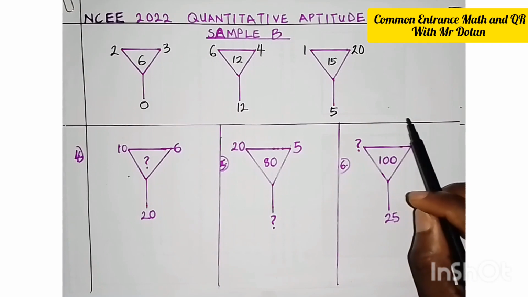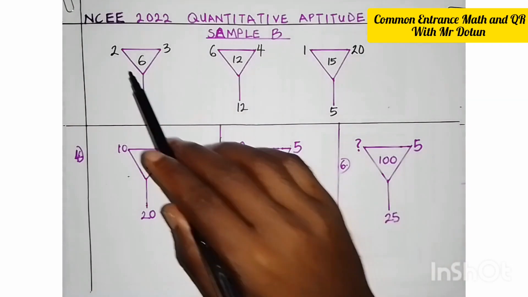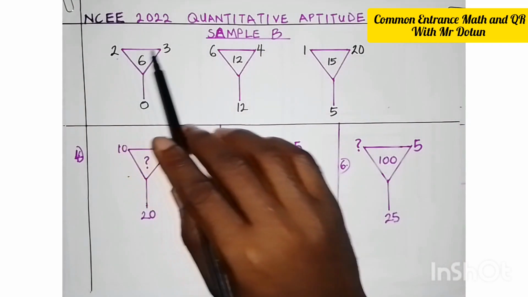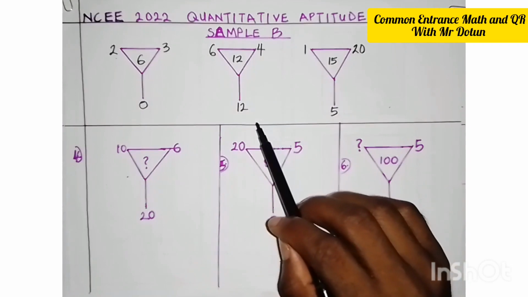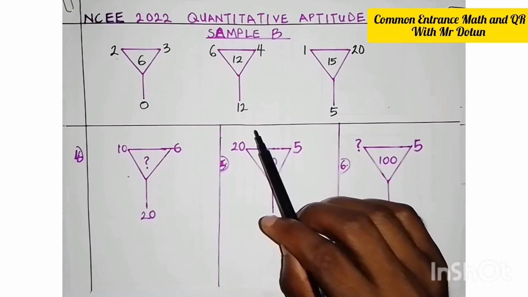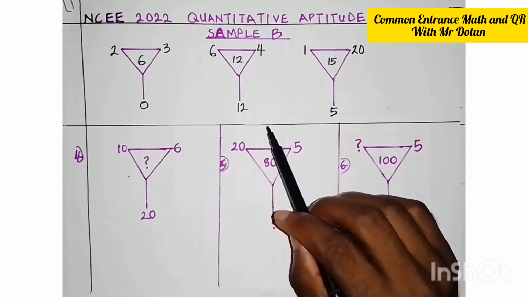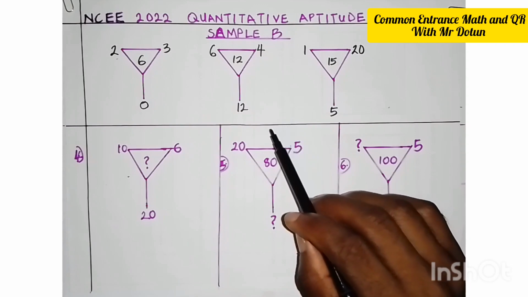So in this pattern we have 4 pots, 1, 2, 3, 4 in each of the patterns. Remember what I told you in sample A. The first thing we are looking for is our number combinations.